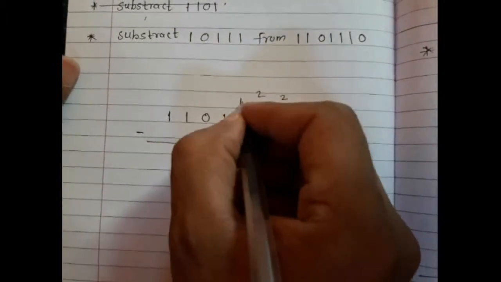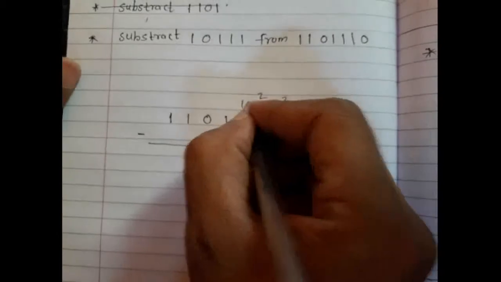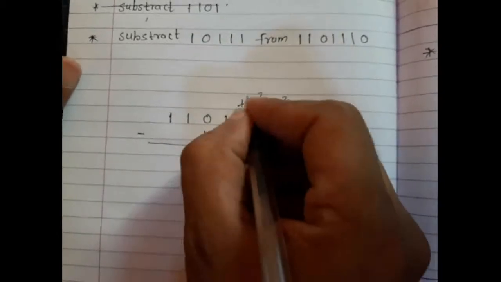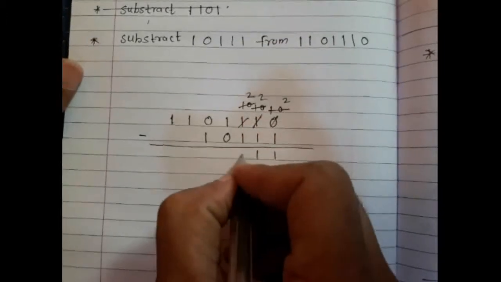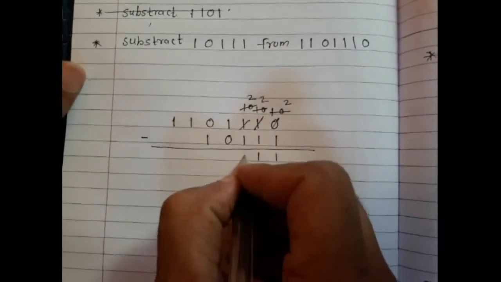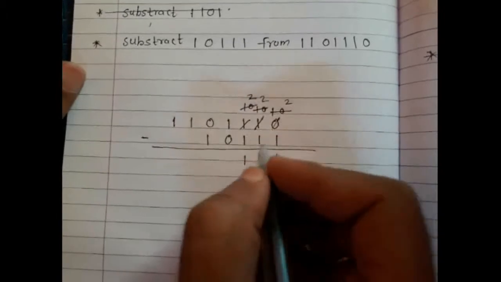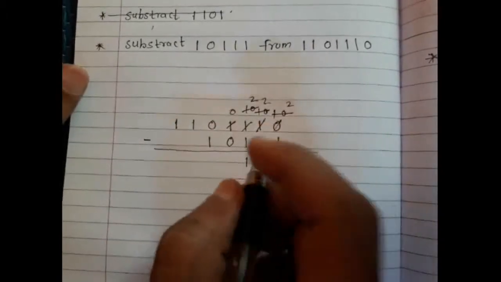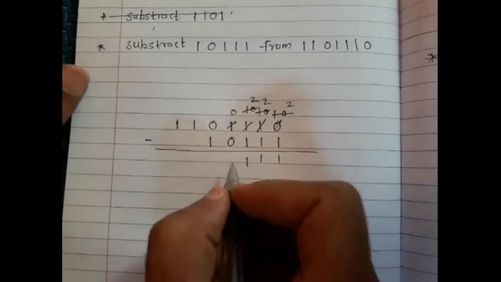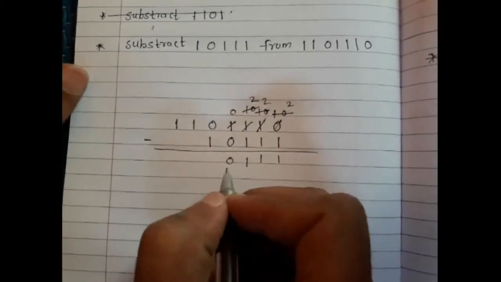So it becomes 2 from binary. Then 2 minus 1 is 1. Then again here 0 is 0. Then we have to take here 0 as it is. 0 is 0. Put it here as it is.